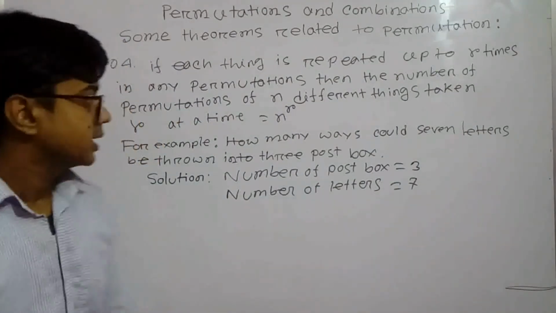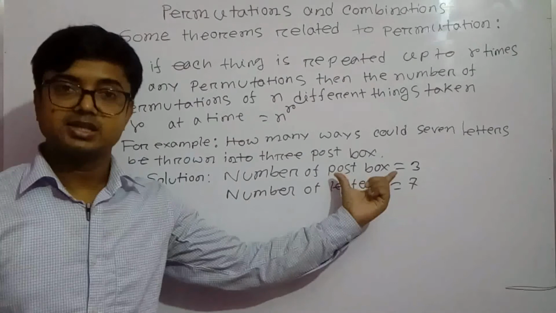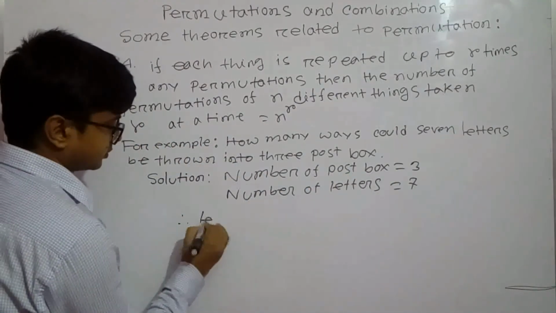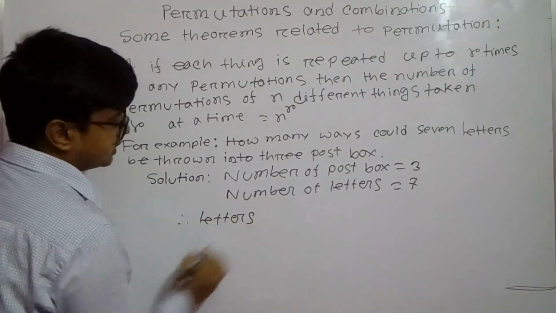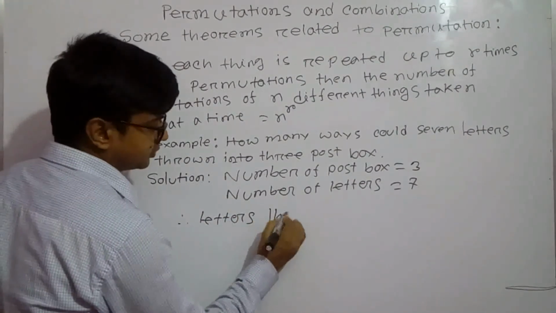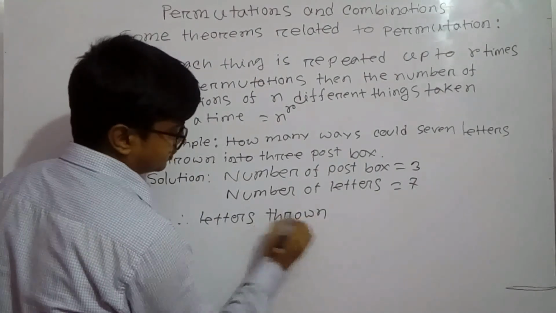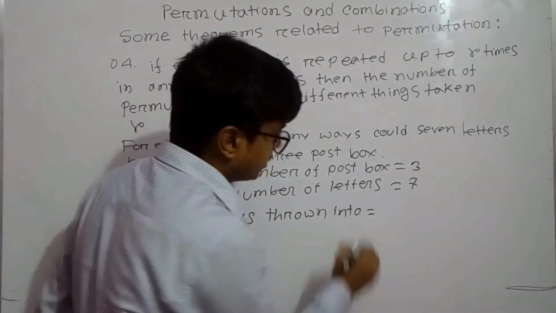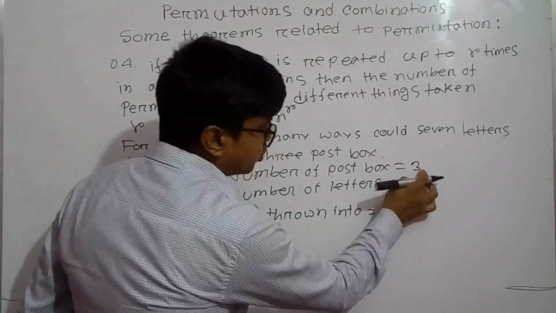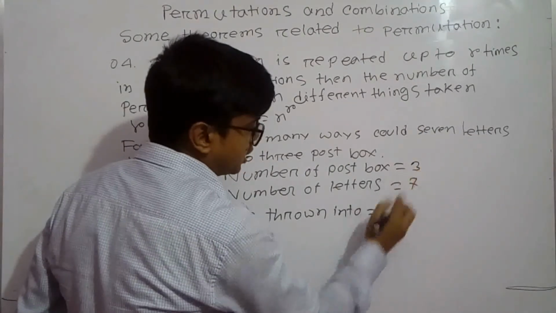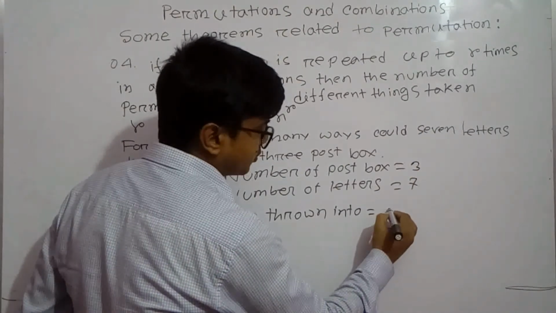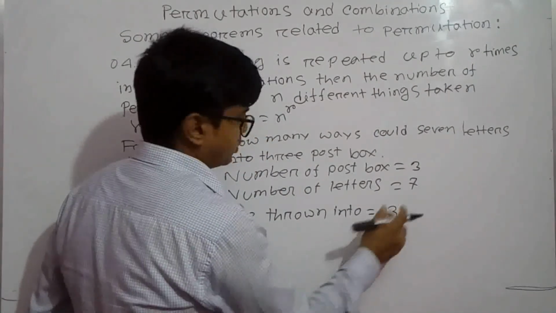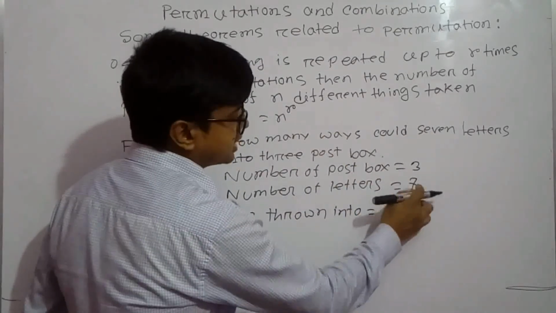That's why here the post box count is fixed, so we can write letters thrown into post boxes equals, here post box equals to 3, which is fixed, and here r equals to 7.